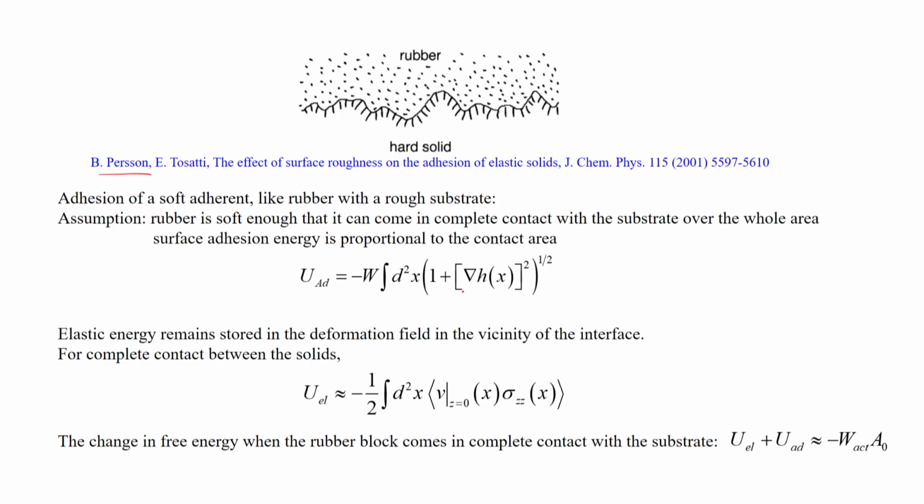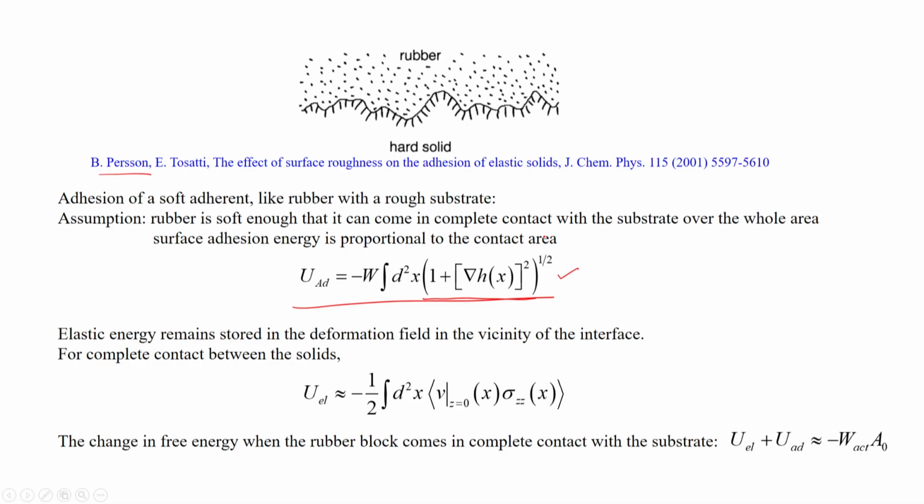The excess adhesion energy that will be released because of this adhesion will be this quantity. This quantity is basically the increased area of this surface. The nominal area is A0 and the actual area will be larger than that, and that is taken care of by this relation. So this is basically the surface energy, which is considered to be proportional to the contact area.